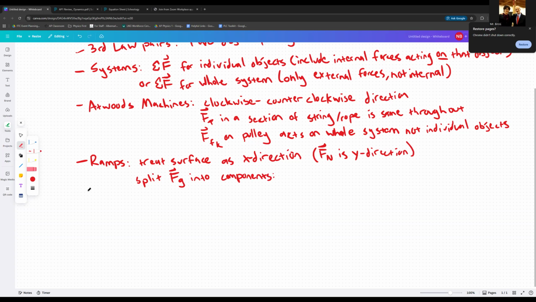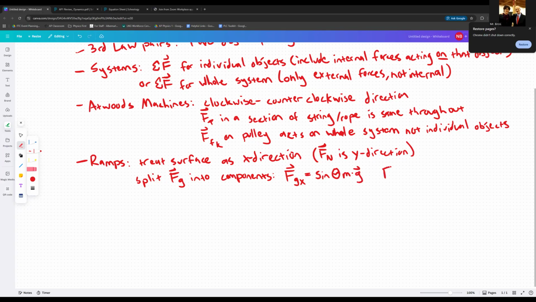And I'll remind you once again, even though it's in the notes and in the other videos, force of gravity FGX, along the surface of the ramp, acting down the ramp, uses the cosine of the angle. Oops, see, I'm already mixing them up. I'm so used to cosine for x. It uses the sine of the angle theta at the bottom of the ramp times mg, the total force of gravity.